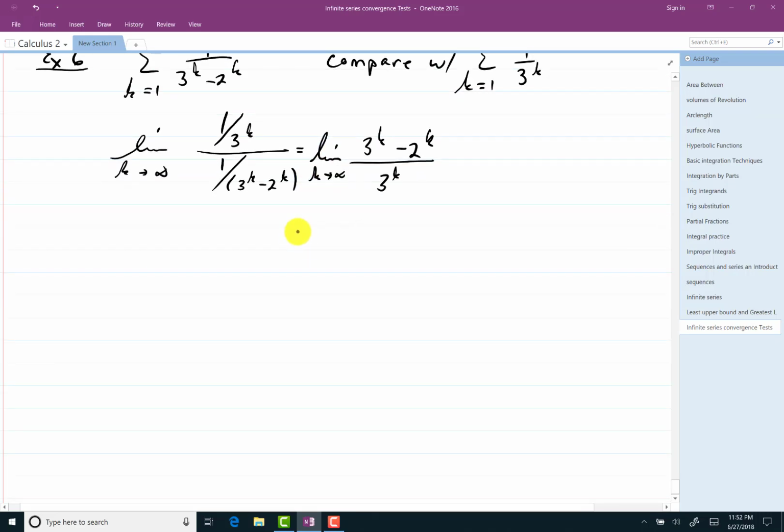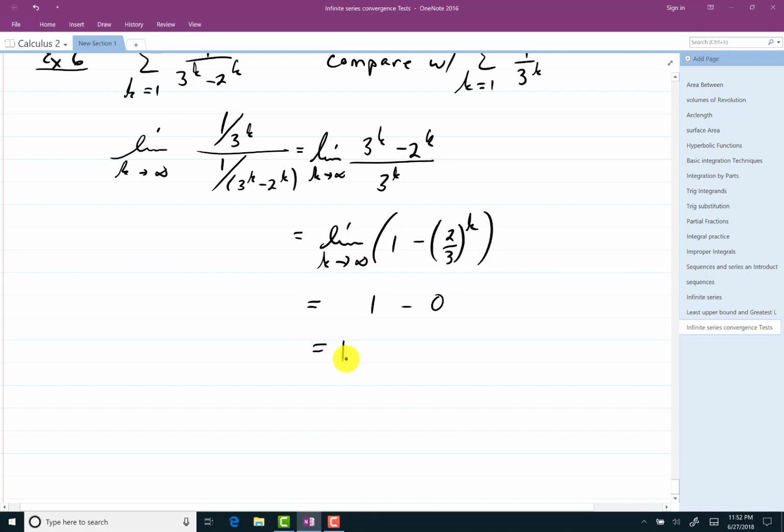And then I'm going to do something very simple. I'm going to rewrite this as, if you break the fractions up, you'll have 3 to the k over 3 to the k minus 2 to the k over 3 to the k. So I have 1 minus 2/3 to the k power. And you ought to know by now, when this base is less than 1, this part will be going to 0. So we'll end up with 1 minus 0 equals 1.